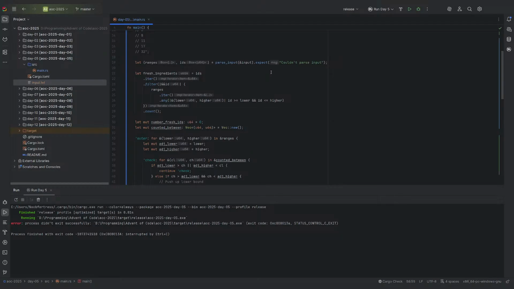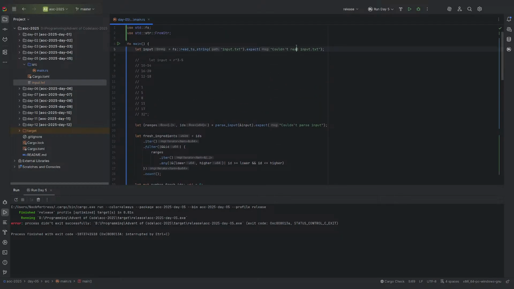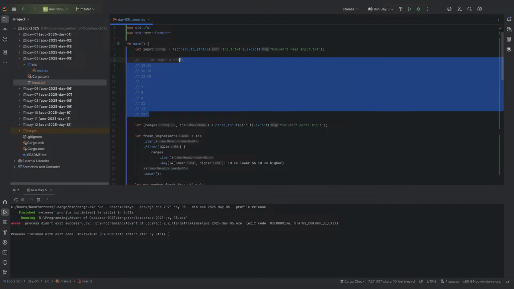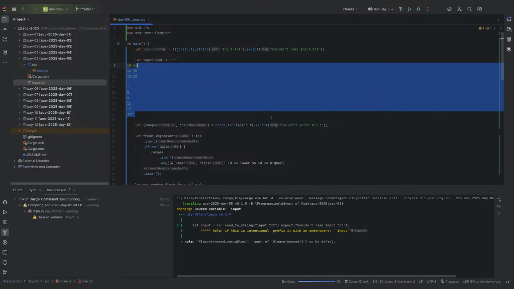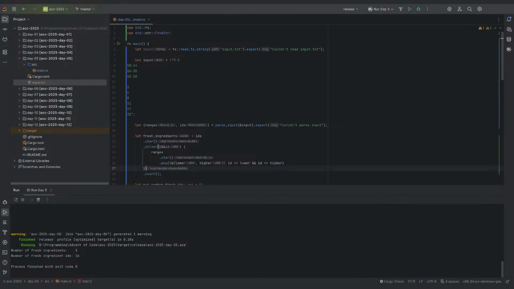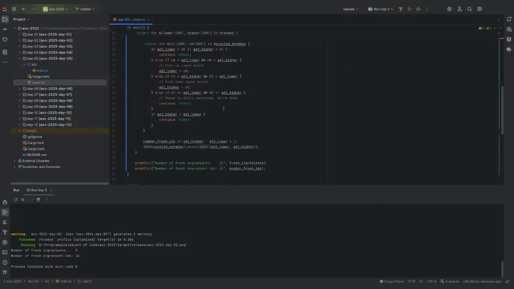Okay, let's see if this does anything good. Starters. Well, it's already wrong on the first one, so that's not a great sign.